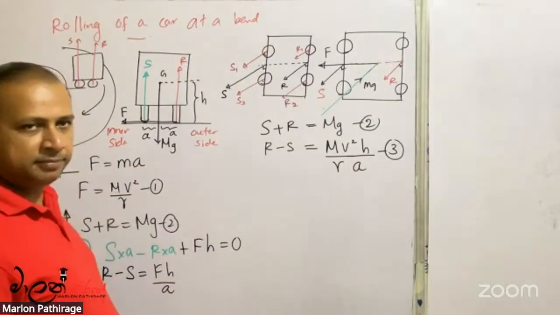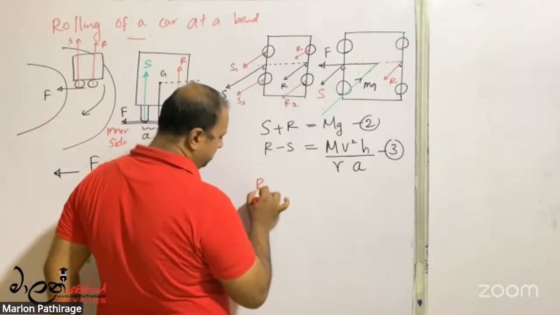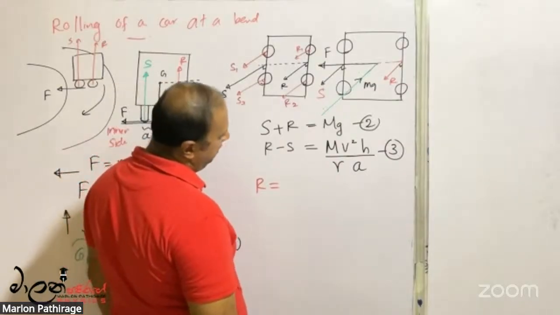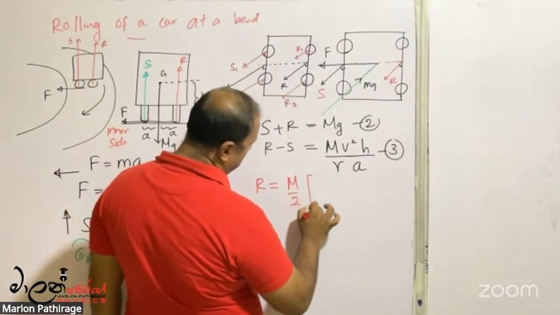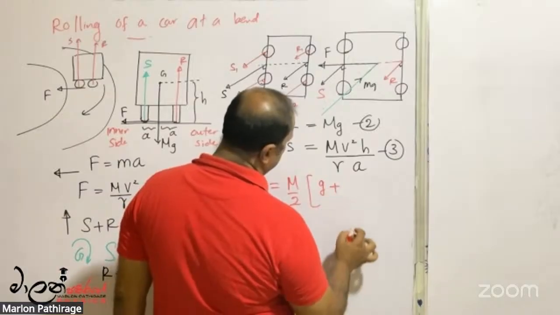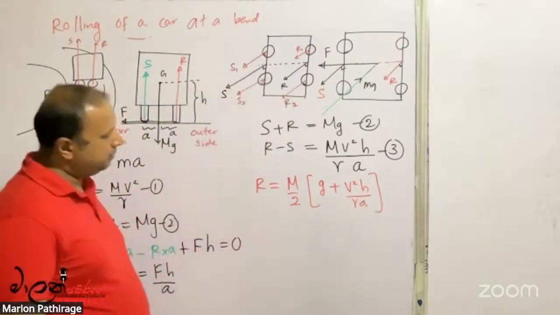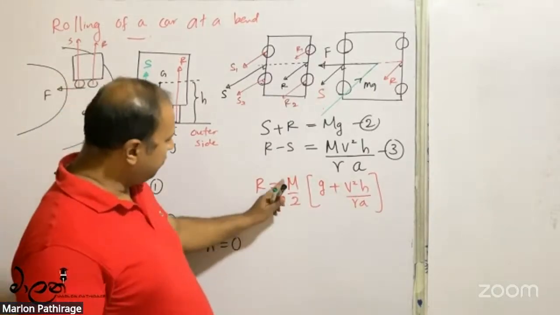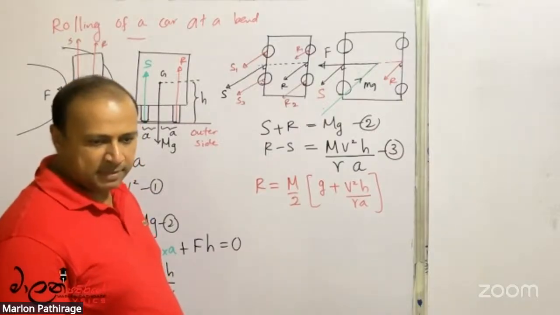If you add them, S will be cancelled out, then R is equal to M over 2 times g plus V squared H over R. Correct.